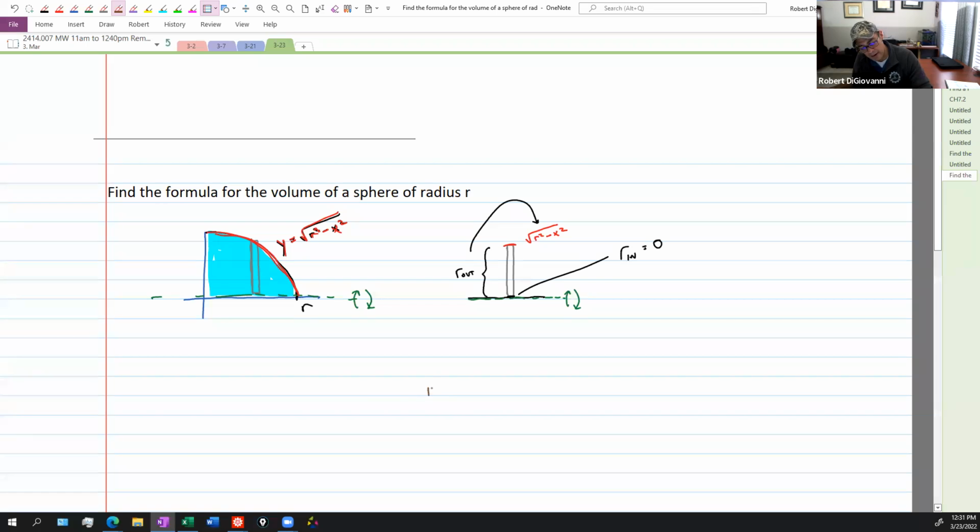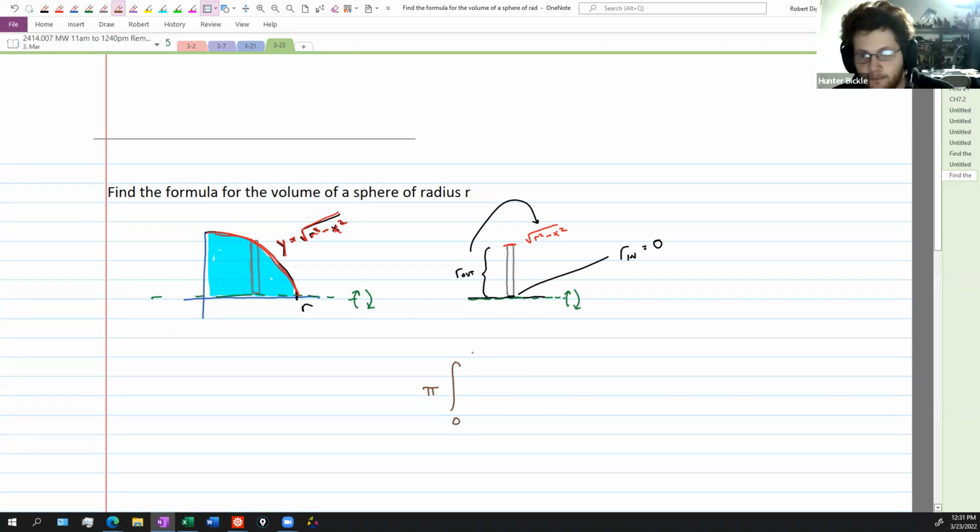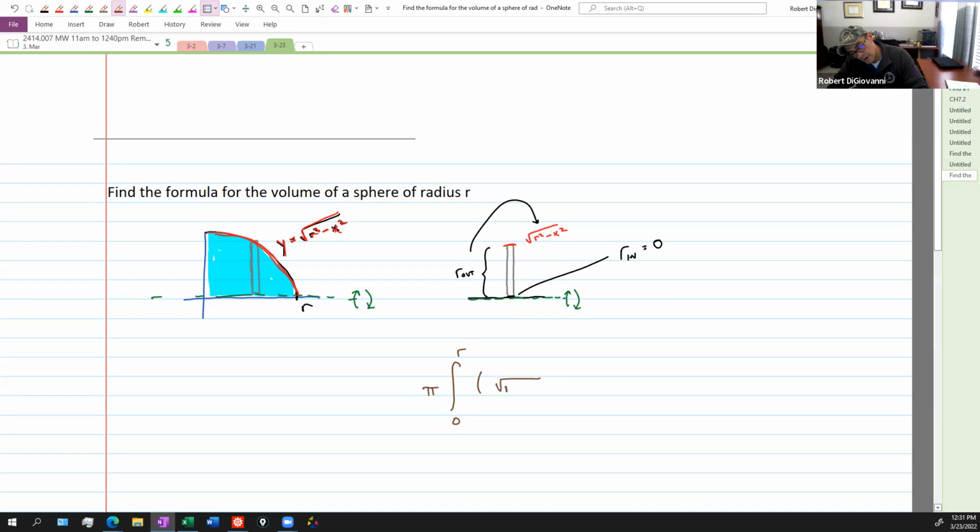We're going to do pi integral 0 to where? R. We did that earlier, right? And now check this out, this would be beautiful. We're going to take the outer function, which is the square root of r squared minus x squared, and do what with it? Square it.